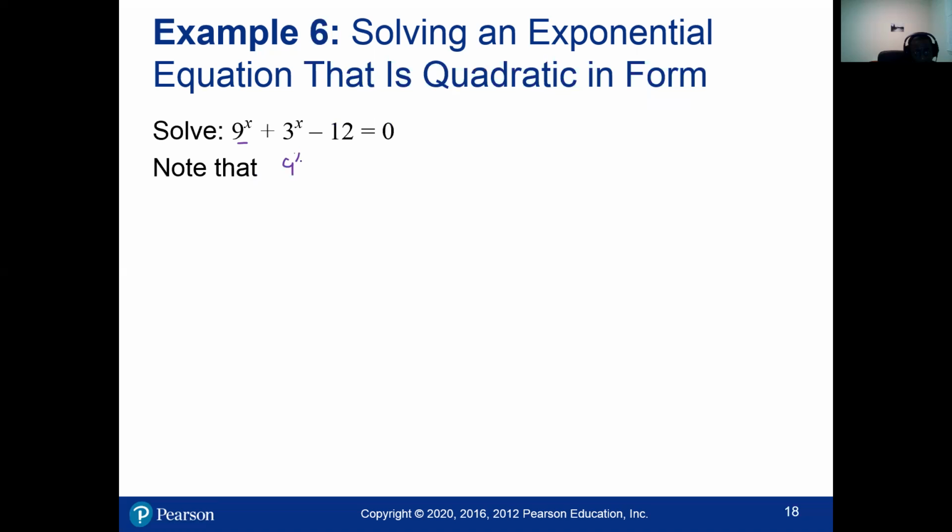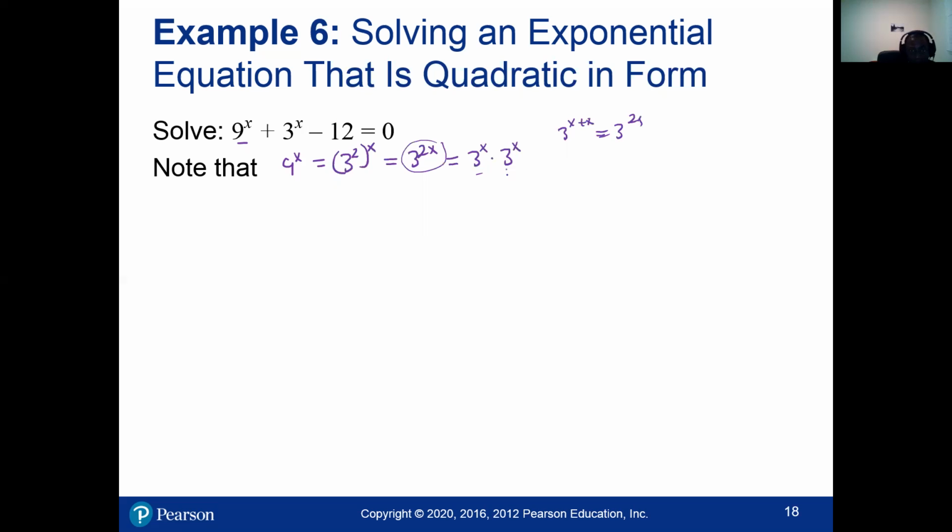So 9 to the x is the same as 3 squared all raised to x, which gives me 3 to the 2x. Also know that this is the same as 3 to the x times 3 to the x, because they have the same base, we can write it as 3 raised to x plus x, and that gives me 3 raised to 2x, which is this expression right there.